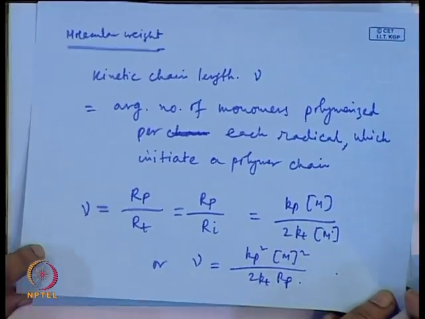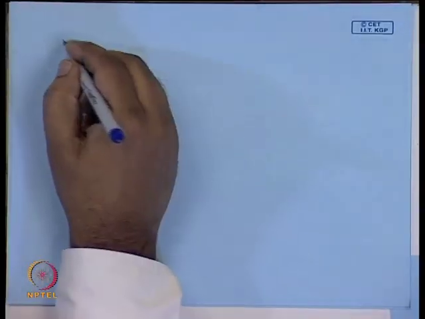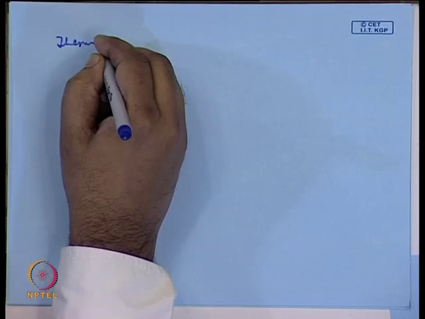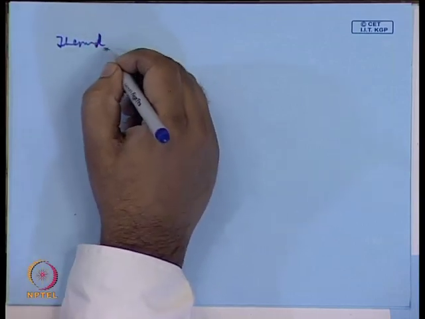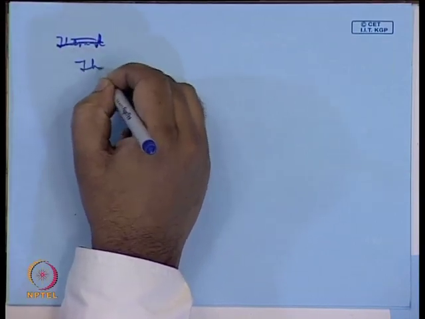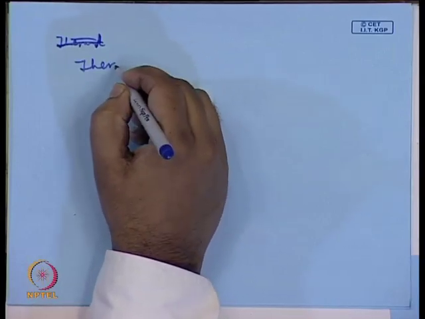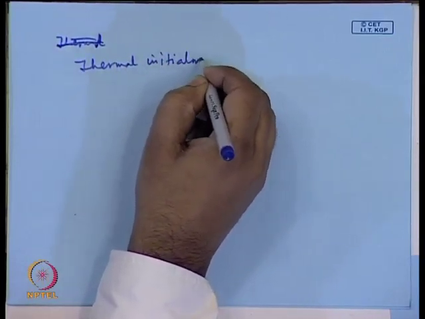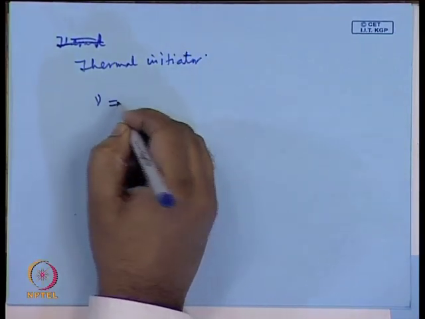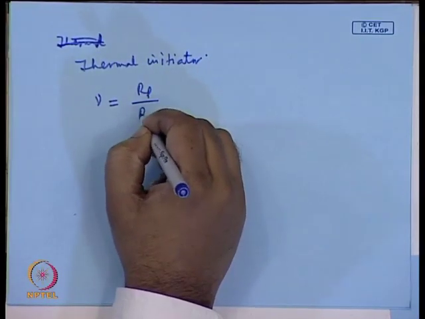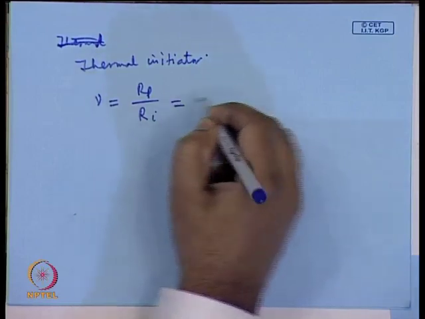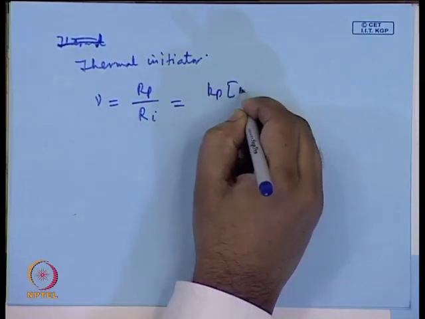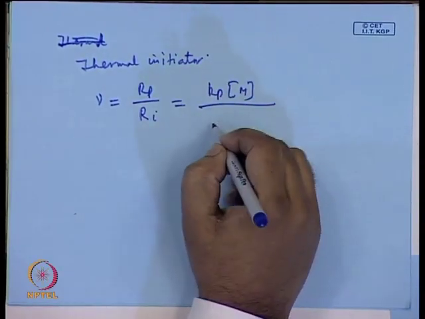And if we consider only the case of a thermal initiator, then nu is again Rp by Ri, Kp[M].